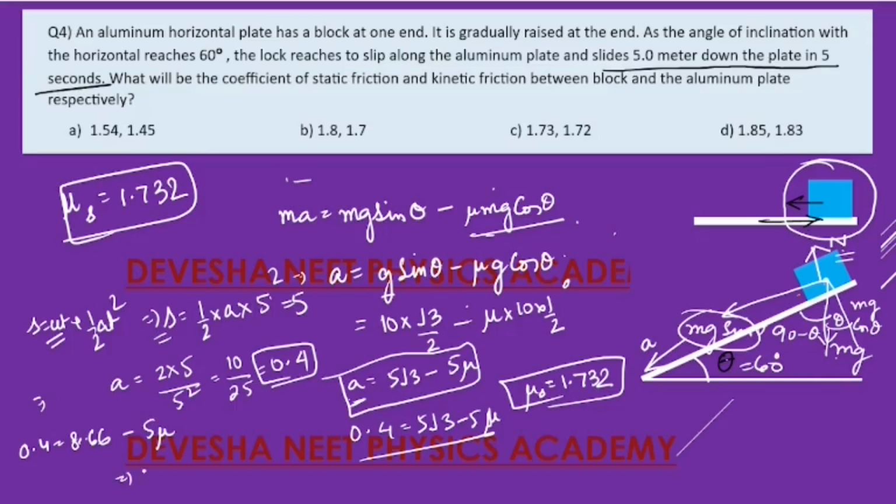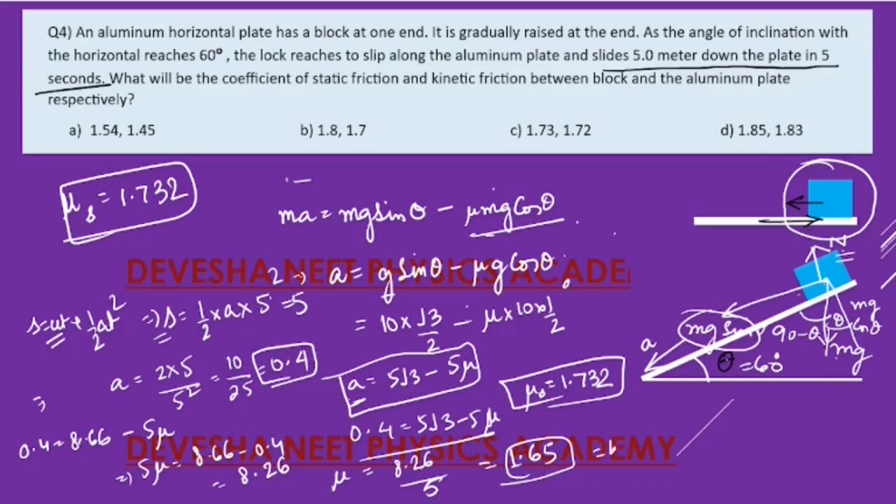So 5 mu is equal to 8.66 minus 0.4, which is equal to 8.26. Thereafter, mu is equal to 8.26 divided by 5, so this will be roughly 1.65.